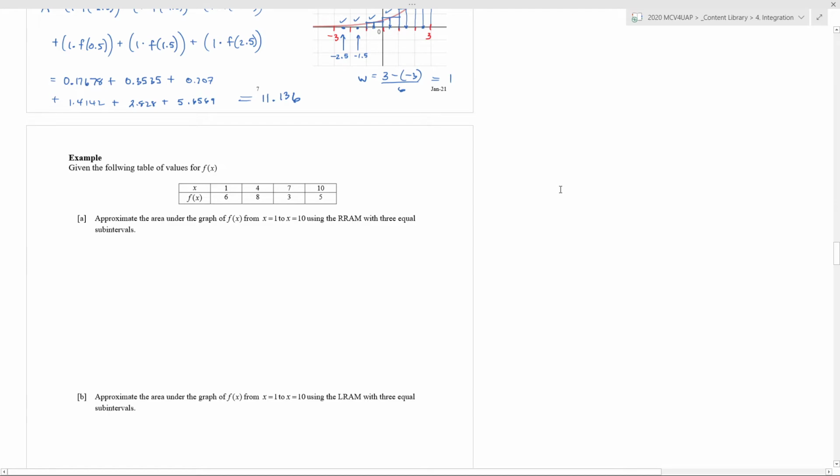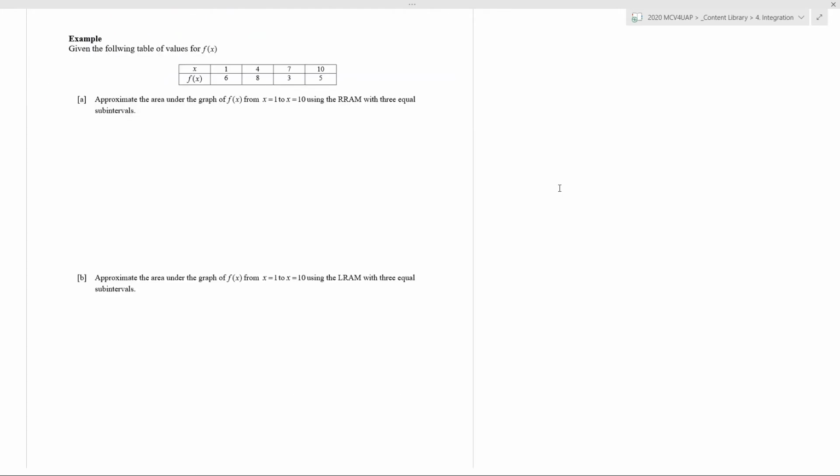So, let's go through this. You can see, so it's best if you can visualize this, okay? You can see that the x values are 3 units apart, right? So that difference there is 3, that difference is 3, and that difference is 3.